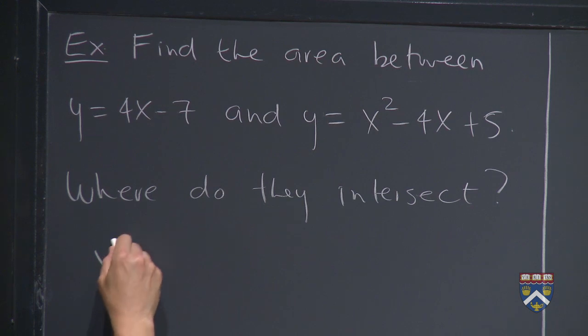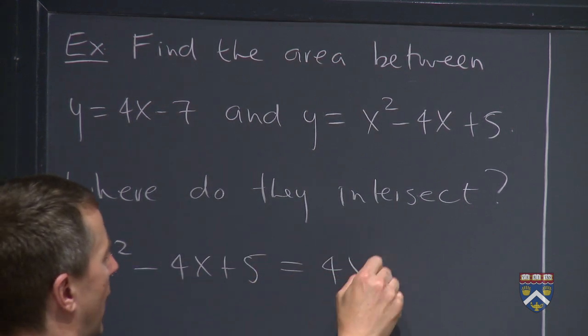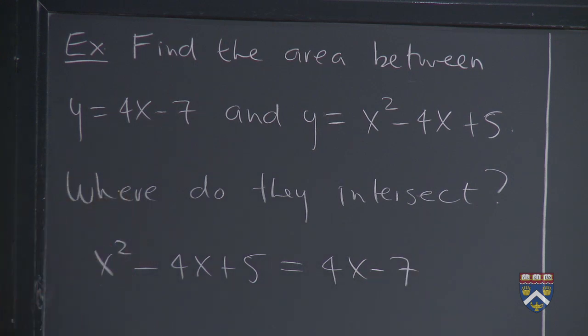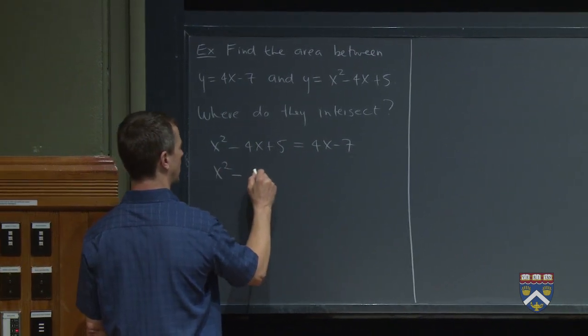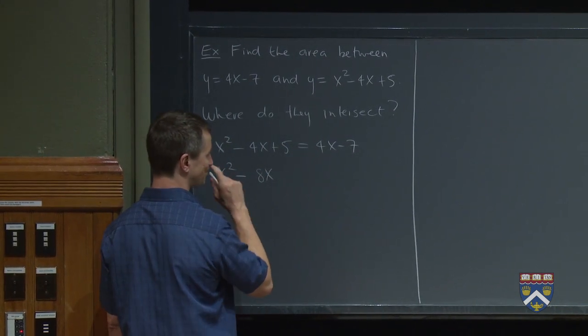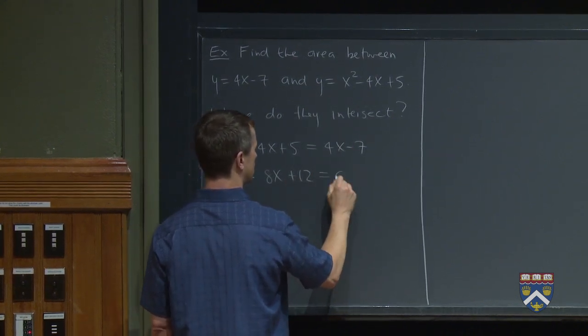So we want to solve x squared minus 4x plus 5 equals 4x minus 7. This is a quadratic equation. We usually like to get quadratic equations equal to 0. So if we bring everything to the left side, we get x squared minus 8x plus 12 equals 0.